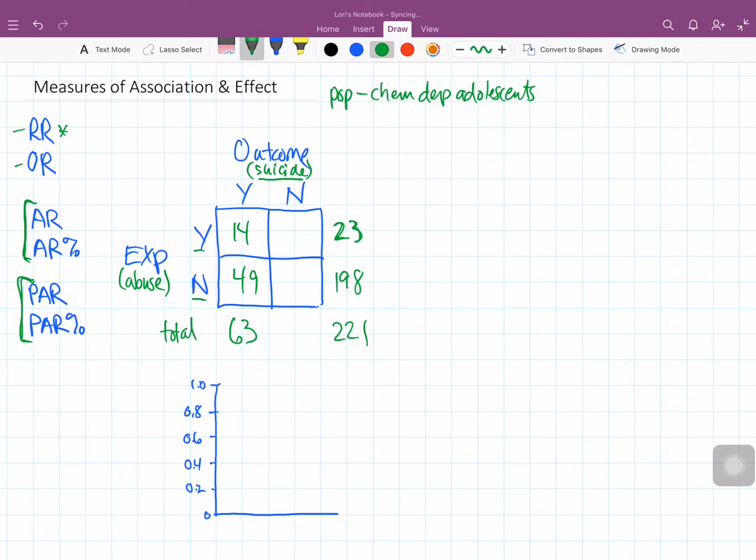Now, these numbers are not completely irrelevant. Remember, we need to have those numbers in order to calculate the odds ratio. Odds ratio is A over B divided by C over D. And I hate those terms, so I'm erasing them, because it's problematic for some people. If the table is set up wrong, if the outcome and exposure columns and rows are traded, you will not calculate the right odds ratio.